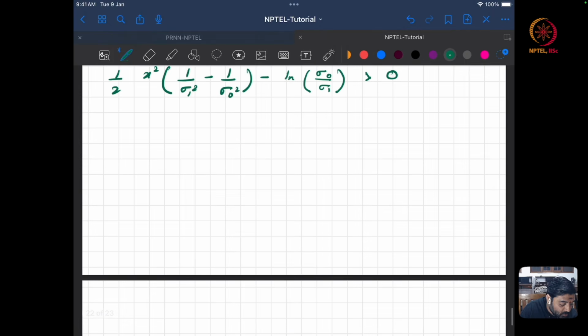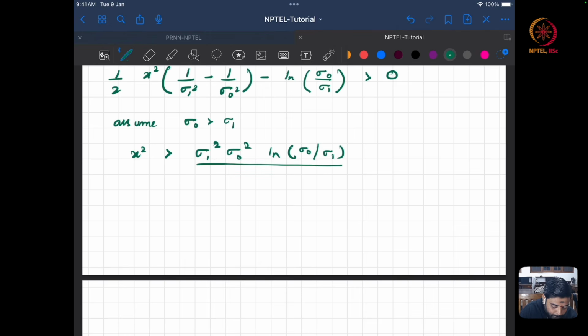Okay. Now in this case, again without loss of generality, assuming x square is ln of, that means that this is a quadratic case.